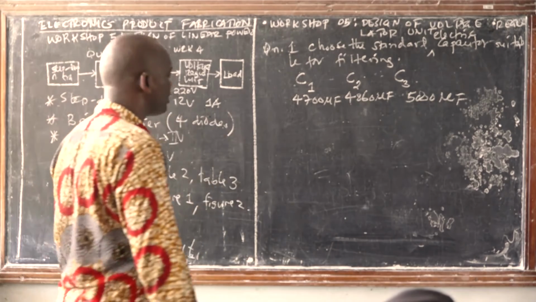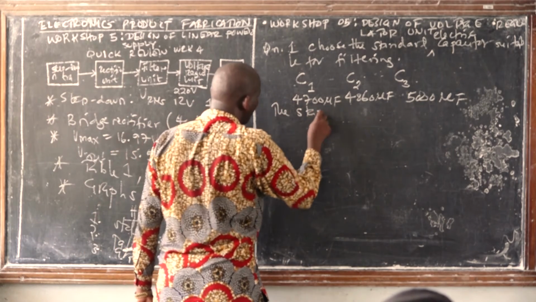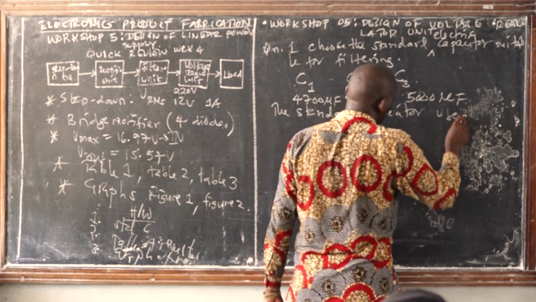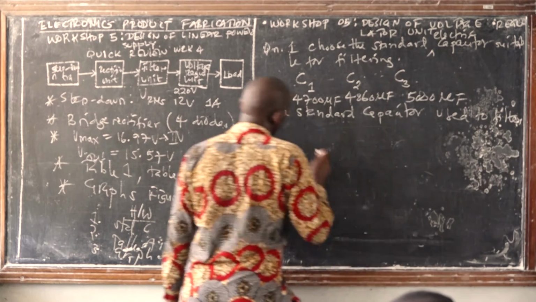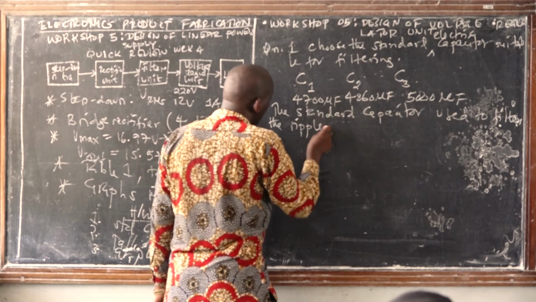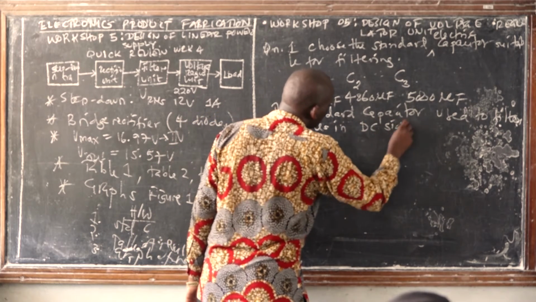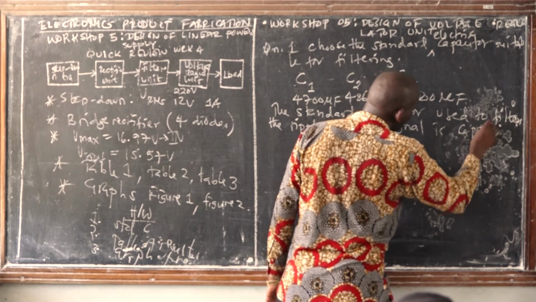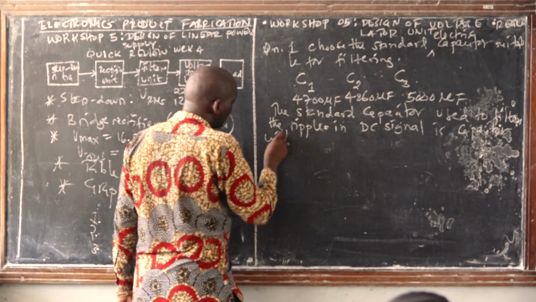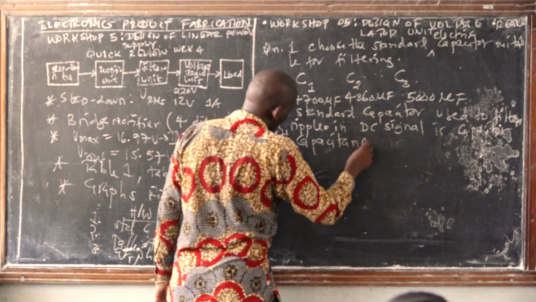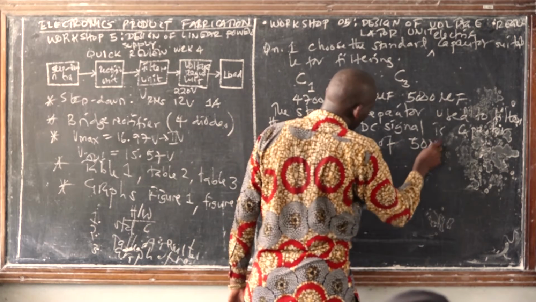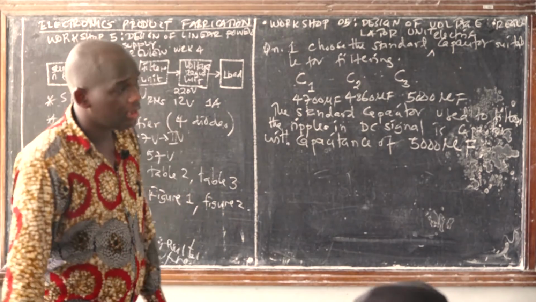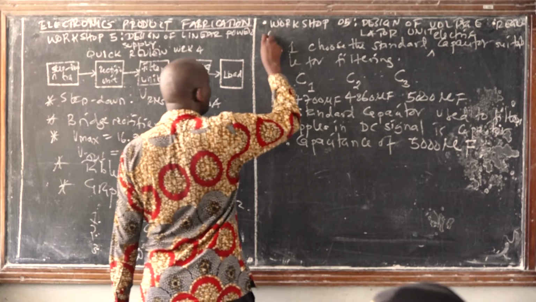So simply, the standard capacitor is used to filter the ripples in the DC signal, a capacitor with capacitance of 5,000 microfarad. Okay, class? So this is the correction.